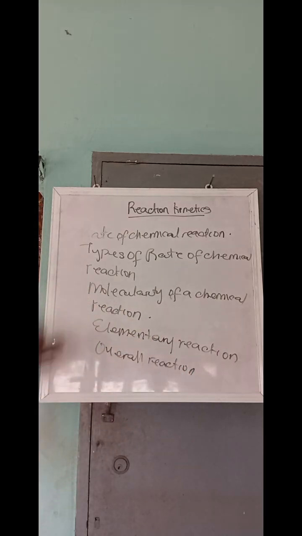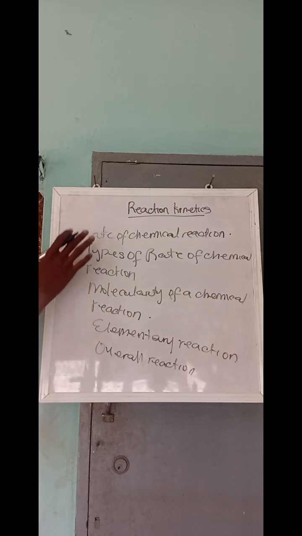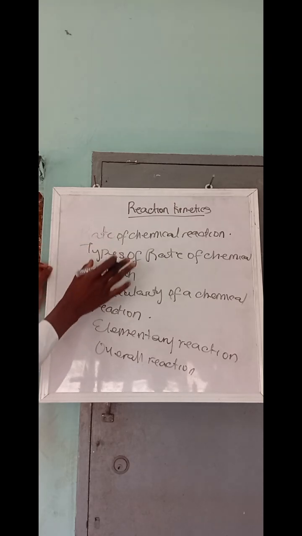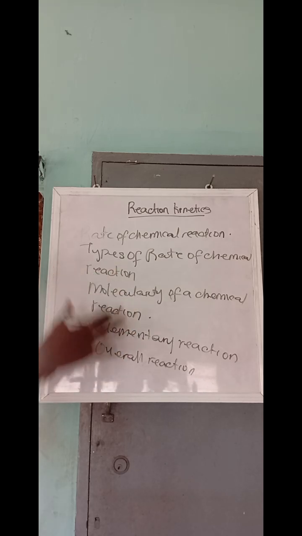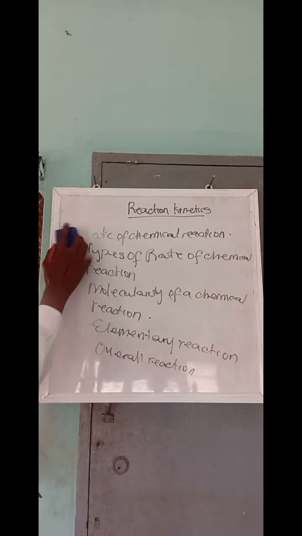I'll be breaking this into all this. So we're talking about the rate of chemical reaction, the type of rate of chemical reaction, the molecularity of the chemical reaction, the elementary reaction, and overall reaction. Follow me as I move forward.